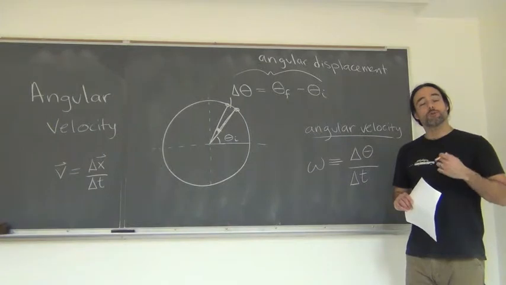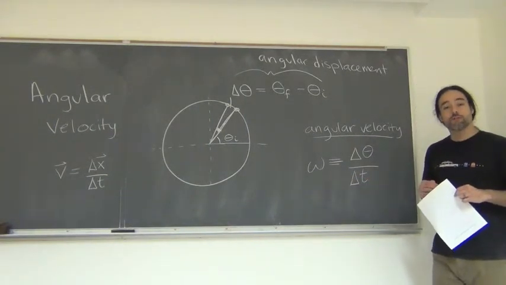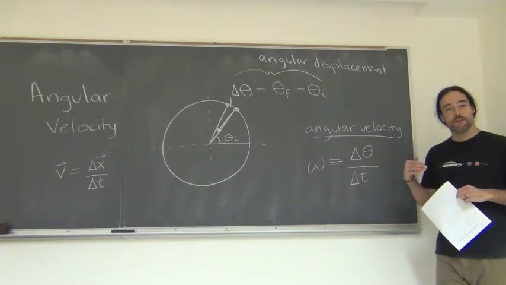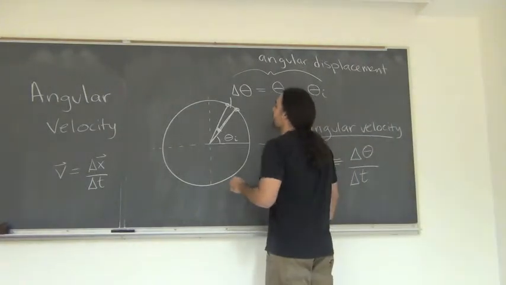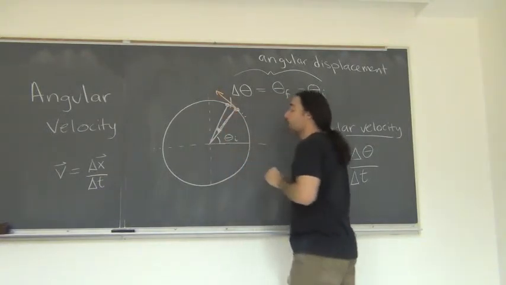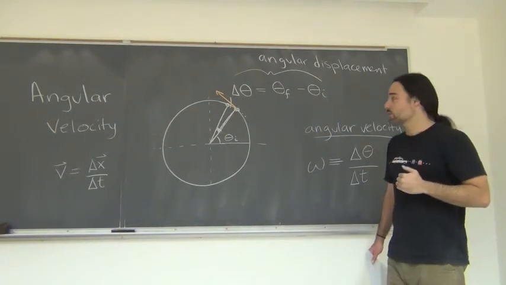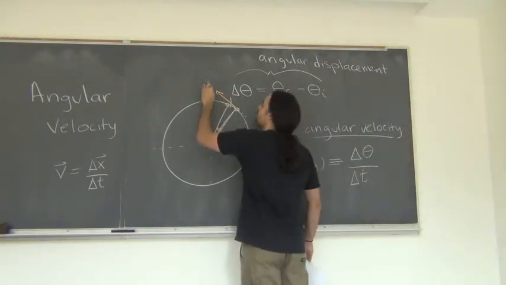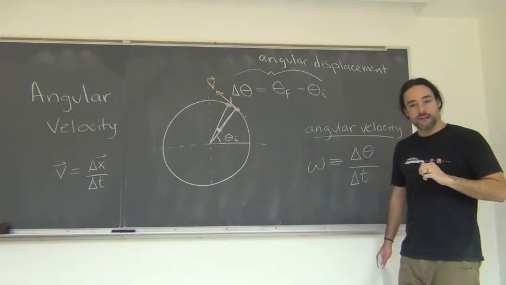Now, I'd like to be able to relate my angular velocity to the regular linear velocity describing how fast the object is moving as it travels around in a circle. Recall that as an object is moving around in a circle, its velocity is tangent to that circle. So I'm just going to draw a velocity vector like that.